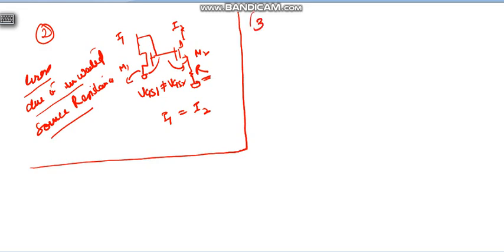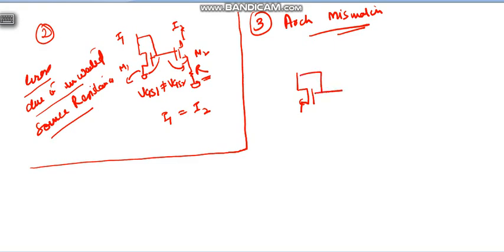Now the third one is architectural mismatch. So how is this? Suppose you want to replicate the IREF current. So this is say IREF. You also want to replicate IREF. Say this size is W by L, so the ratio is W by L, and this is M1, this is M2.